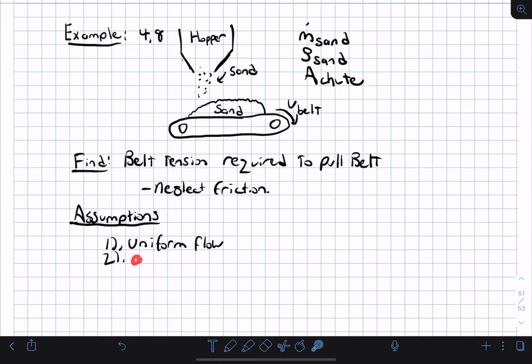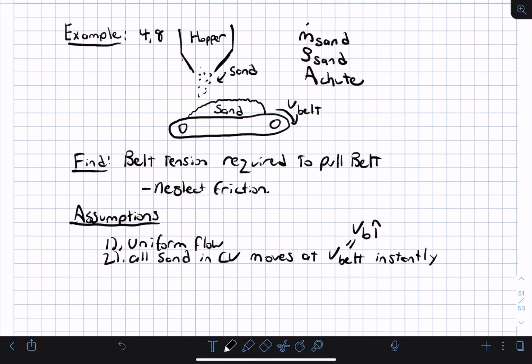So all sand in the CV moves at V belt instantly. Okay, and I'm just going to call V belt VB, and that's in the i hat direction.